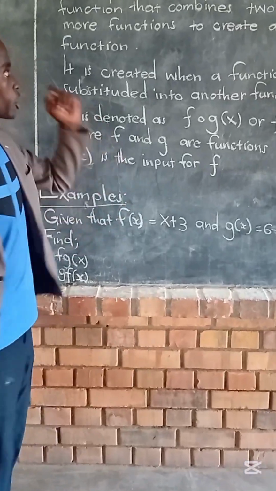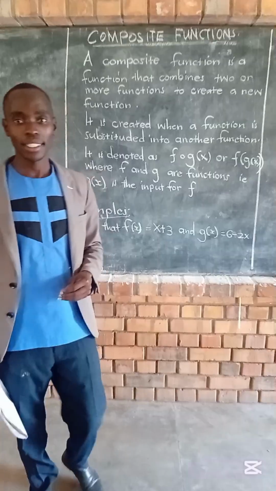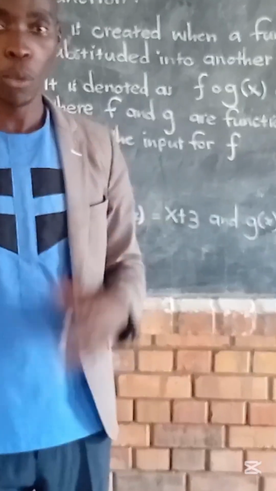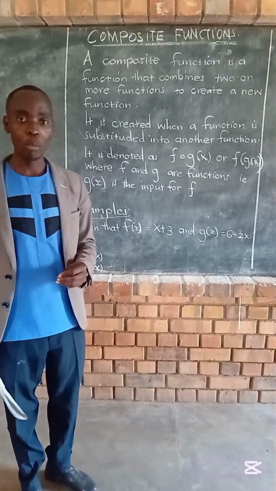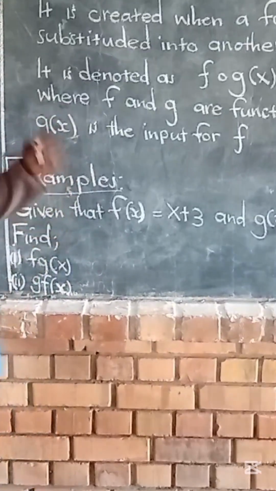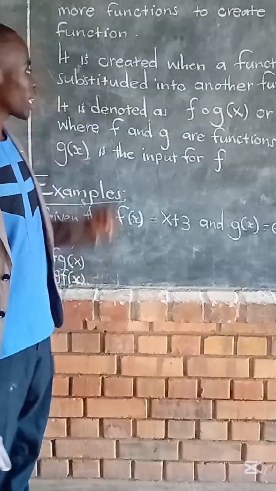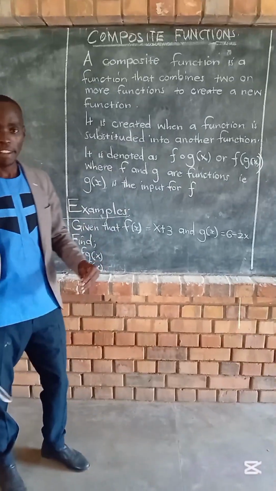A composite function is a function that is combined by two or more functions to form or to create a new function. It is created when a function is substituted into another function.